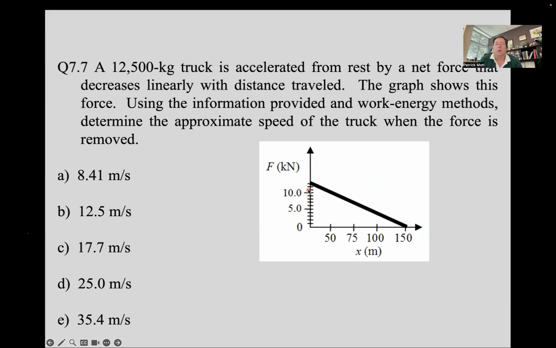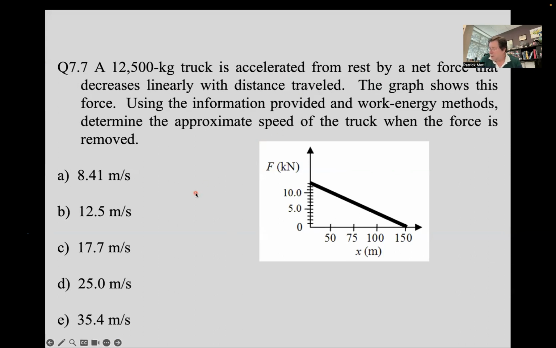It's 1,300 newtons of force at the starting point, and it's 0 newtons of force after 150 meters. Using this plot and the work energy theorem, what is the approximate speed of the truck when the force is removed? So when you get to 150 meters, the force goes to 0. How fast is the truck moving?